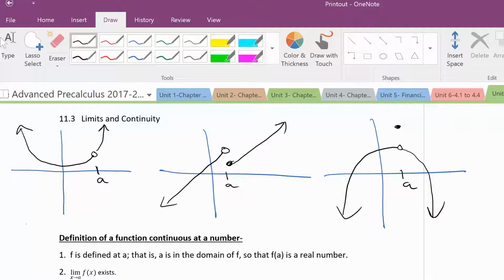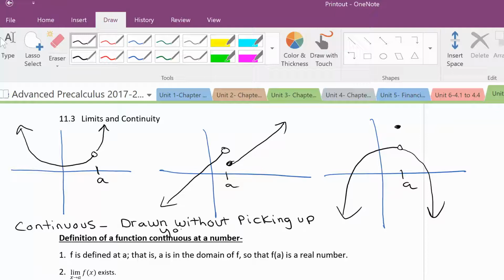All right, so if it's continuous, it can be drawn without picking up your pencil. That's what it means to be continuous.